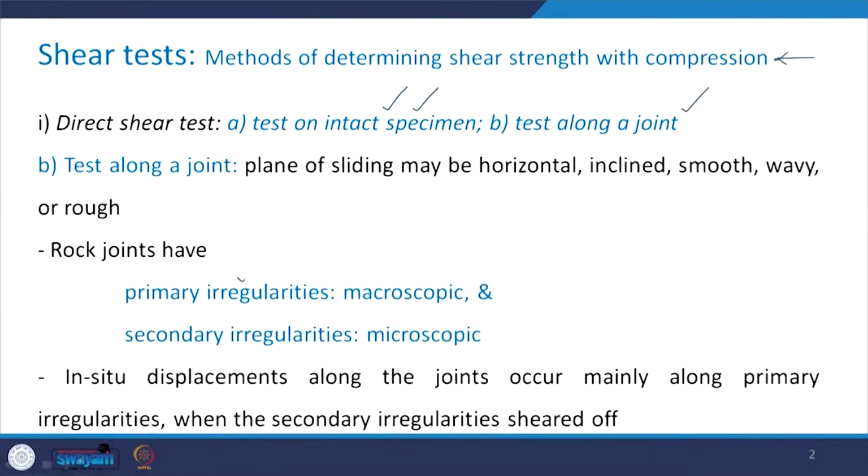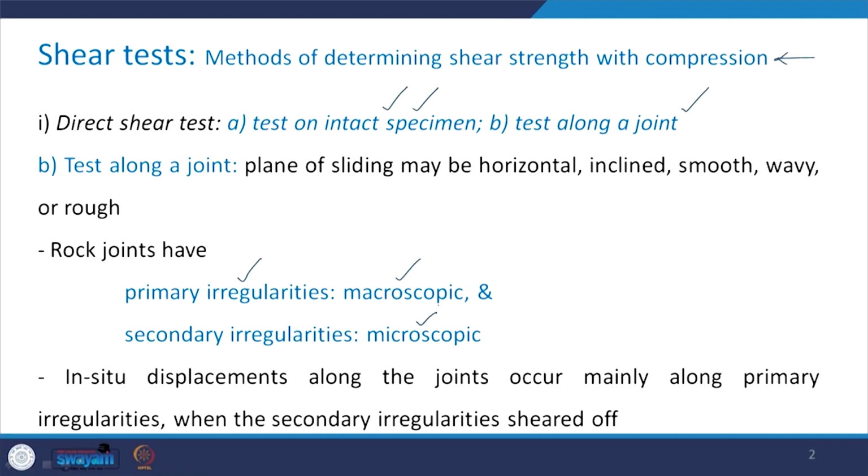Those irregularities can be categorized under two classes. The first one deals with the primary irregularity, which is macroscopic in nature, that means you can see them. Secondary irregularities are microscopic in nature.